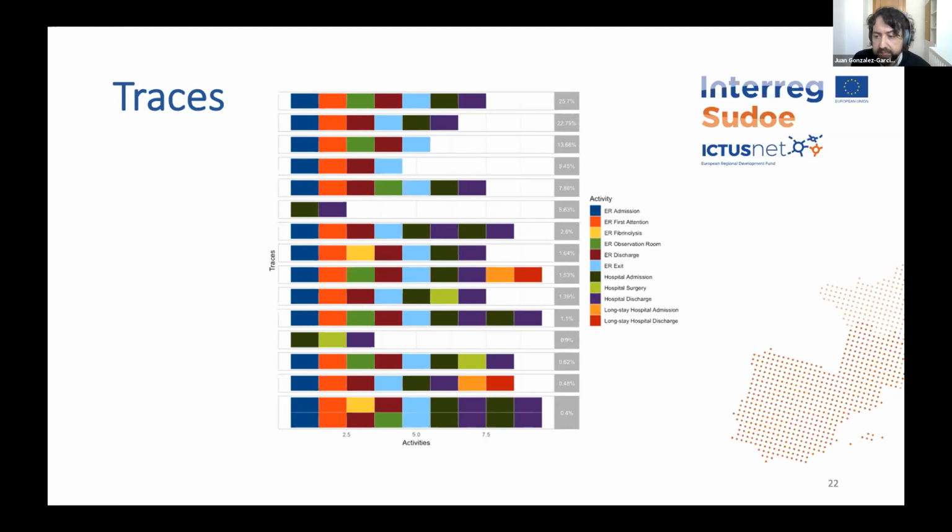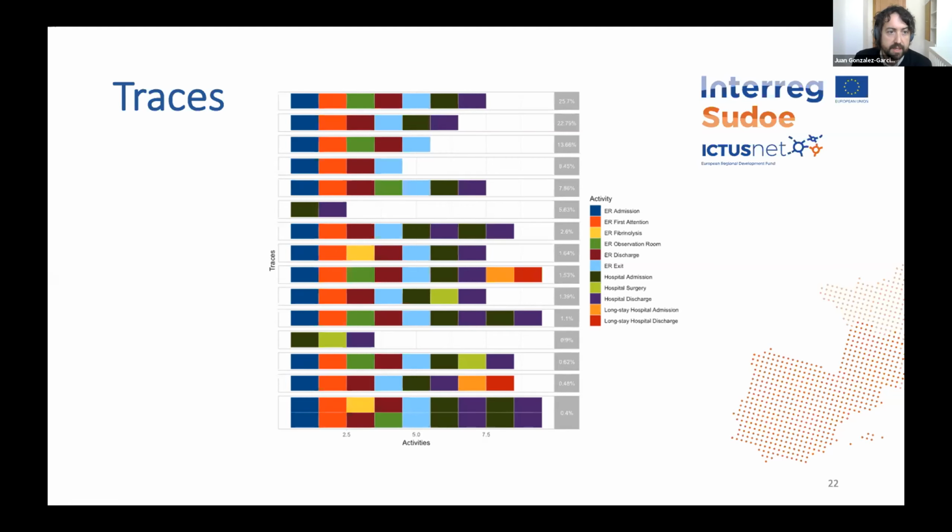That was observed in 25.7% of the overall episodes. The second most observed was essentially the same, but in that case the patients didn't stop at the observation room. And just to mention, the first trace that has fibrinolysis was this one, occurring in 1.64% of the total episodes analyzed.